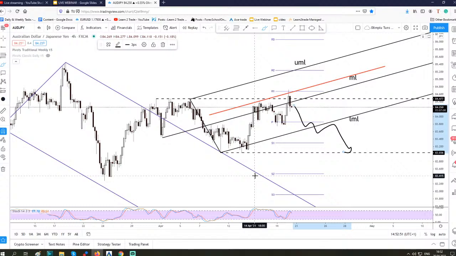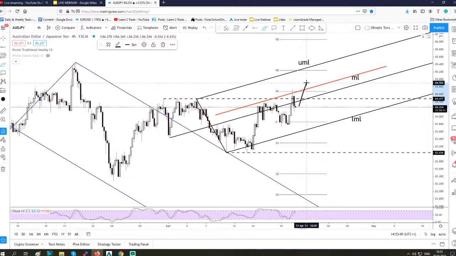Okay, and so personally I believe that only a valid breakout here above 84.47, above the weekly R1, a new higher high, could confirm a potential growth here and could bring us a new long entry, a new potential buying opportunity.